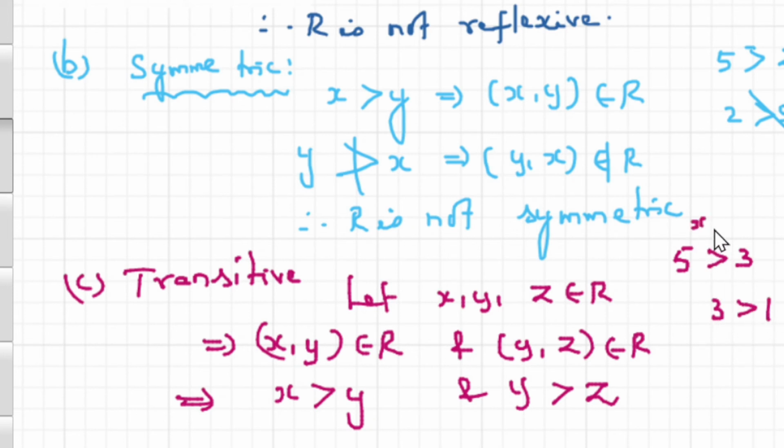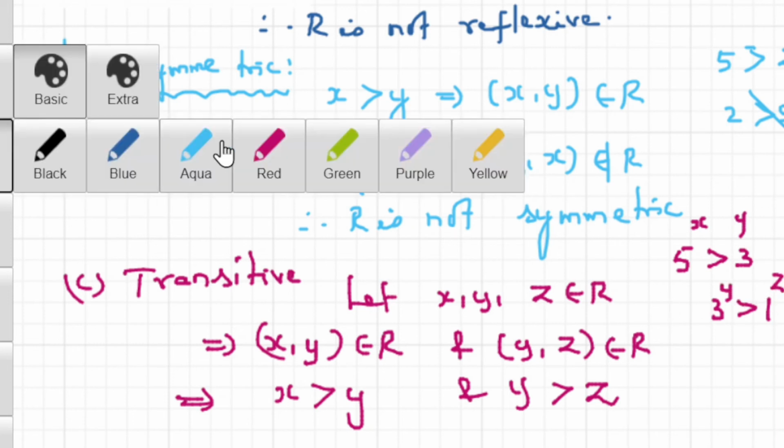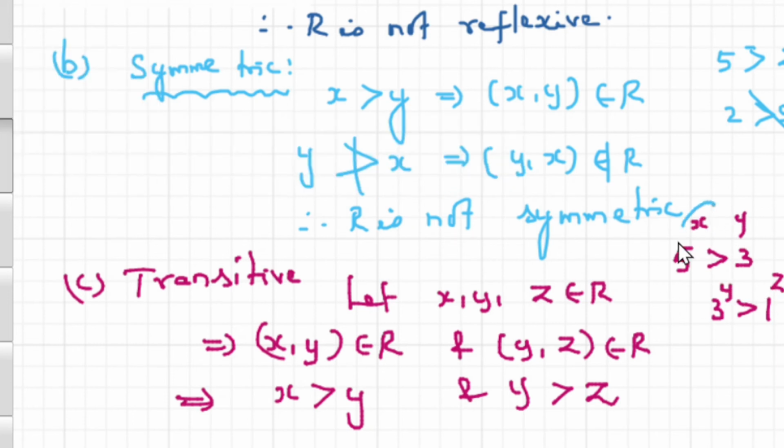This is x, y, z. Now we have to compare these two, x and z. It is automatically true, 5 is greater than 1. So from this it is clear x is greater than z. That means x comma z belongs to R.